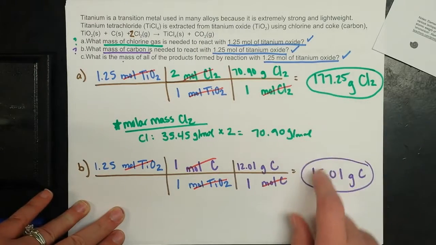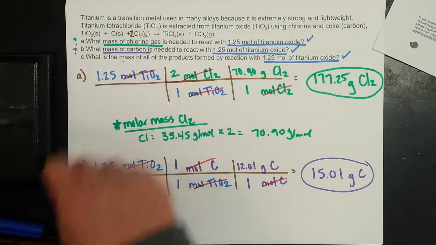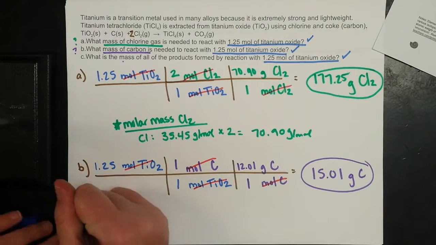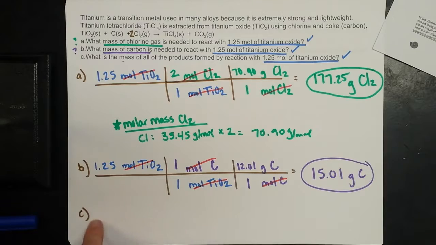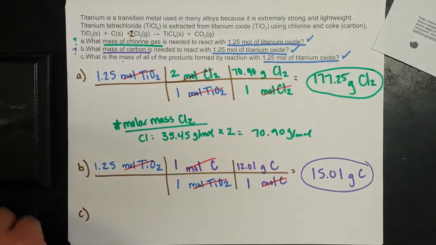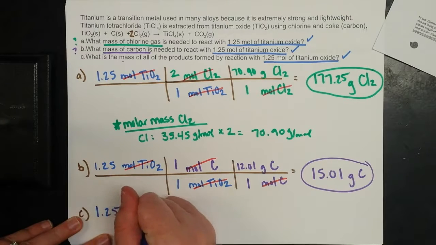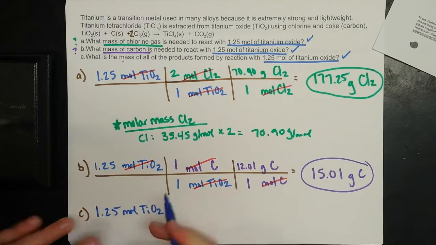So since I've already found the mass of two things, I only need to find the mass of one more. I could, for part C, have just taken the moles of titanium oxide and seen how much mass that would be. So I could still start with 1.25 moles of titanium oxide.